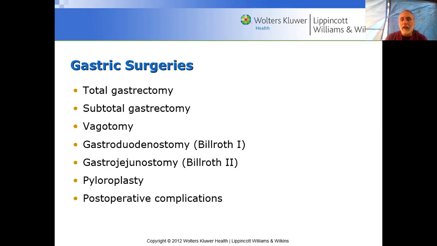And then, well, here they are, work it out with your newly acquired knowledge of medical terminology: gastroduodenostomy or gastrojejunostomy. Where would this be connecting from the stomach to the small intestine?